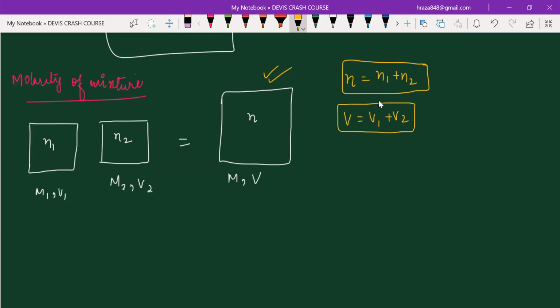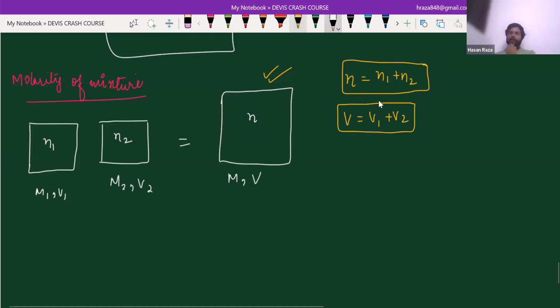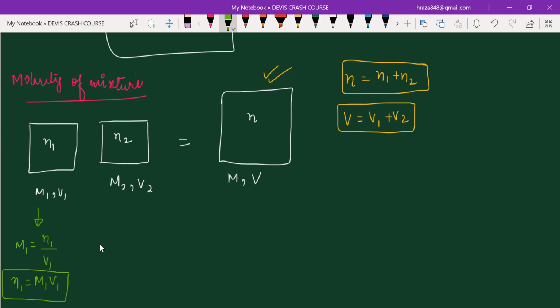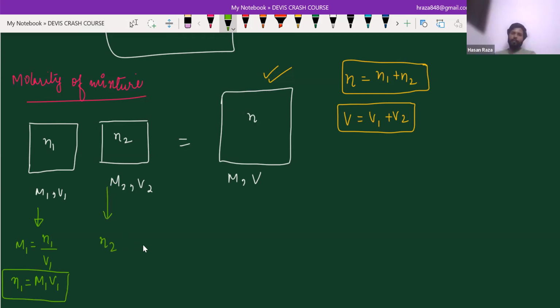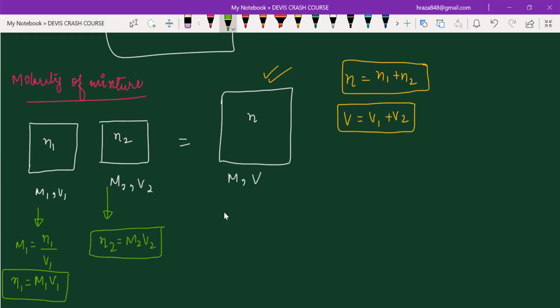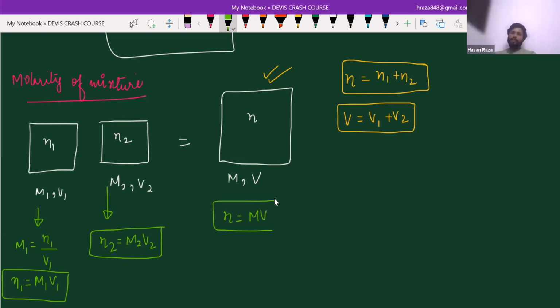Moving to this container, M1 is equal to N1 upon V1, so N1 will be equal to M1 V1. In the same way, for this container N2 will be equal to M2 V2.